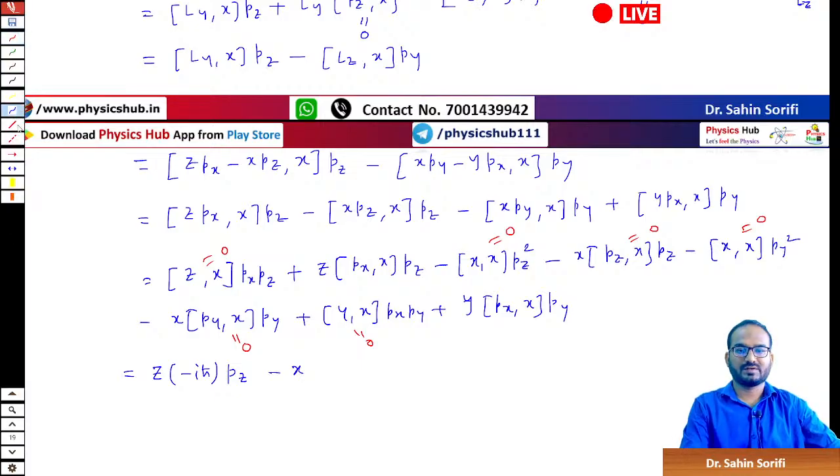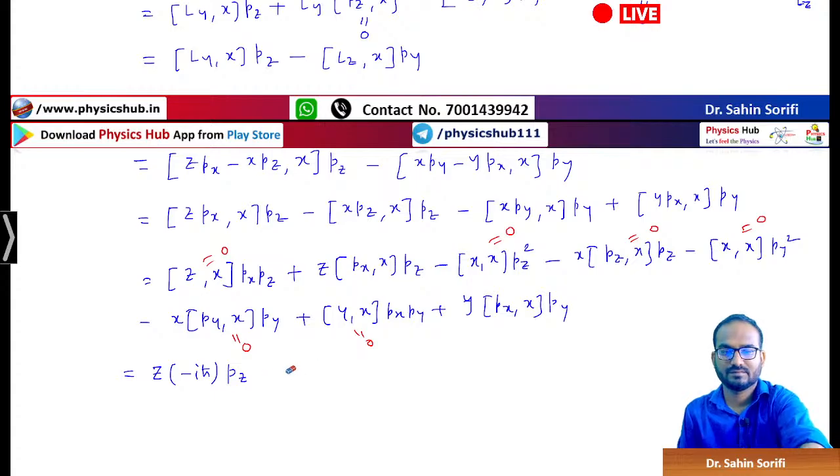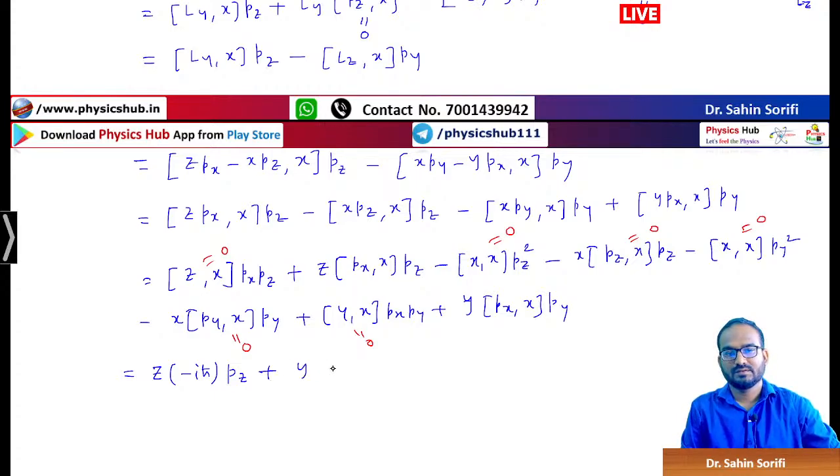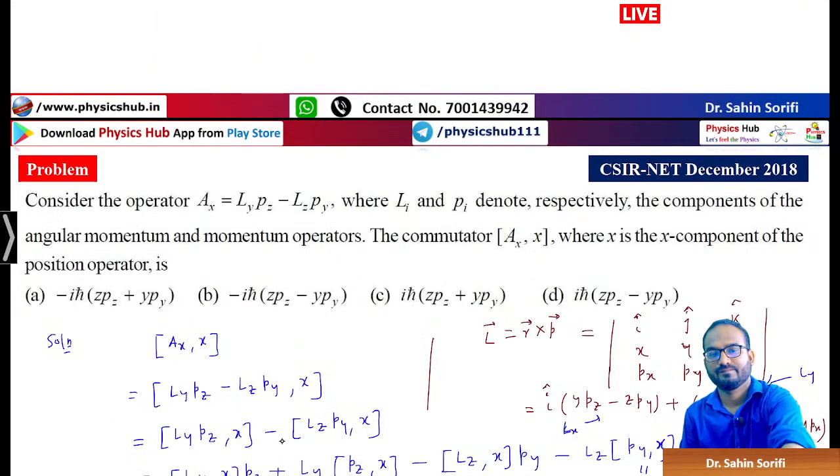The last term will survive. Px x, again minus i h cut Py. Minus i h cut is taken common. z Pz plus y Py. Option B?